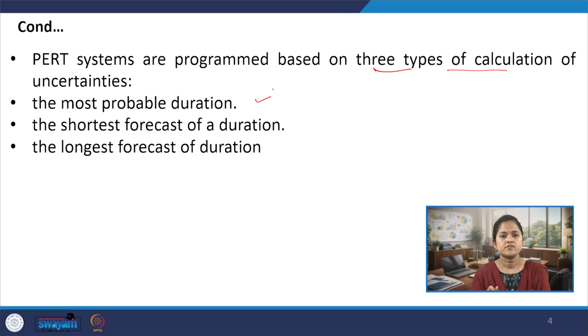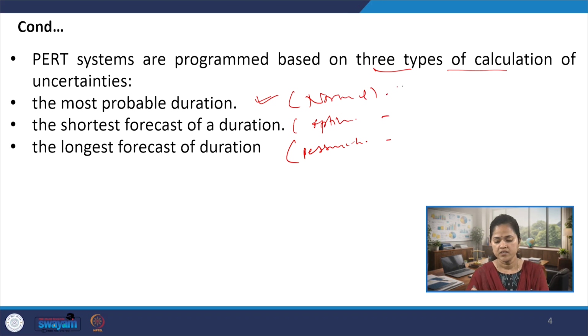The second is the shortest forecast of a duration, and the last is the longest forecast of a duration. The most probable is the most likely duration of a policy or program, the shortest forecast duration is more optimistic in nature, and the longest forecast duration is pessimistic in nature. The most probable is like a common or normal situation.